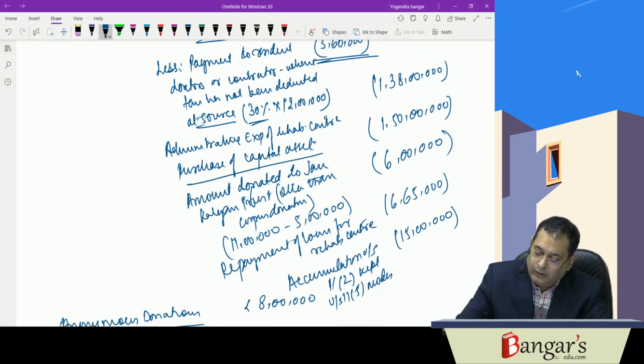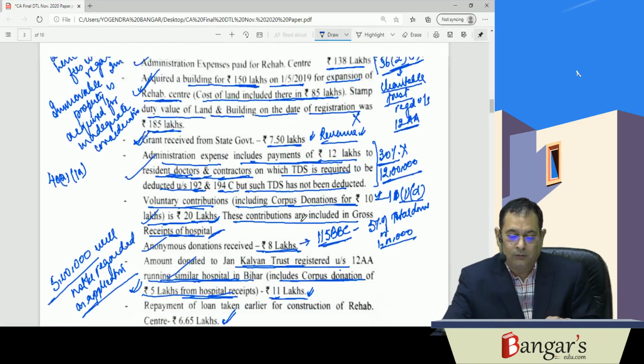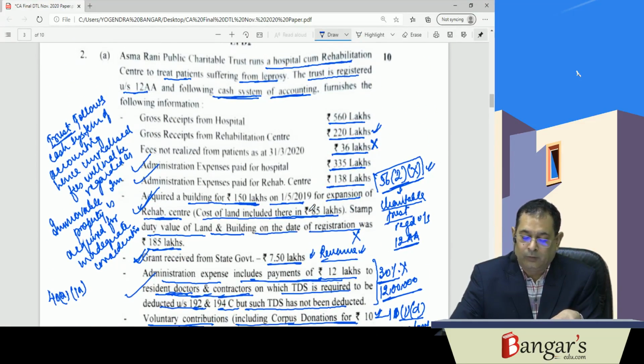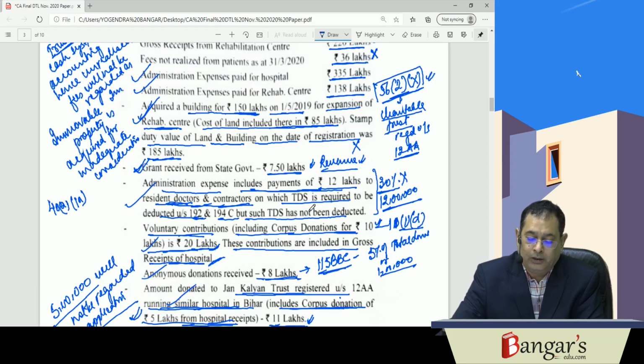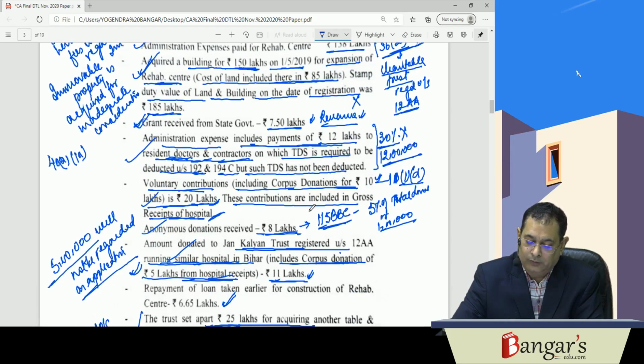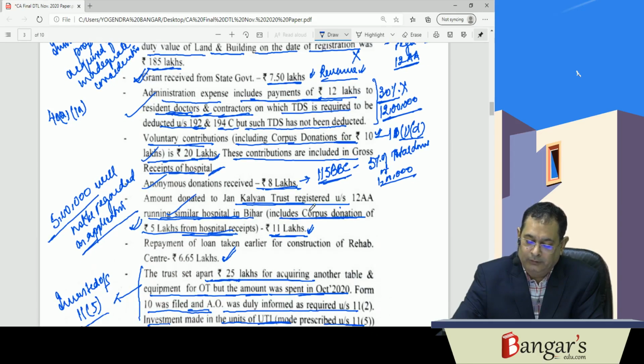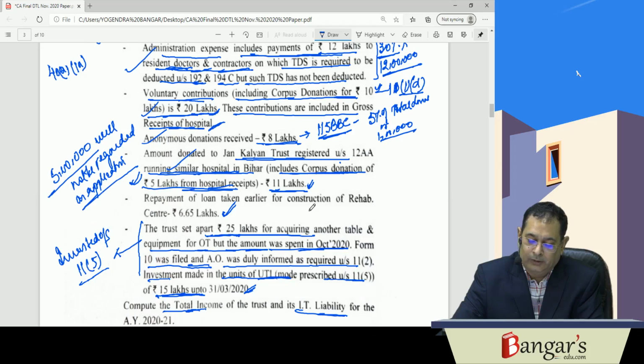So we have considered each and every point now, from the very beginning: gross receipts from hospital, gross receipts from rehabilitation center, fees not realized from patients, administrative expenses paid for rehabilitation, acquisition of building, which is regarded as application, grant received, administrative expenses disallowance of 30%, then voluntary contributions, anonymous donations taxability, donation to other charitable trust, repayment of loan, and this.